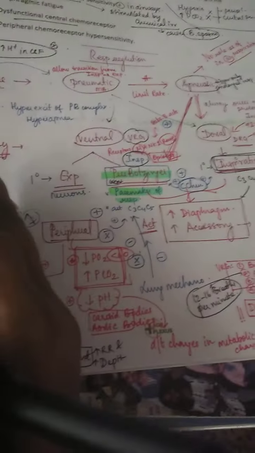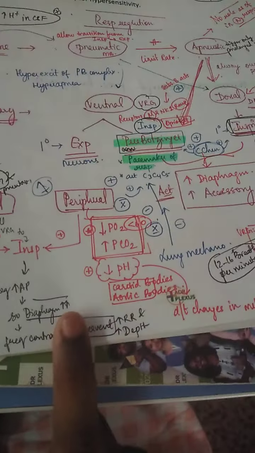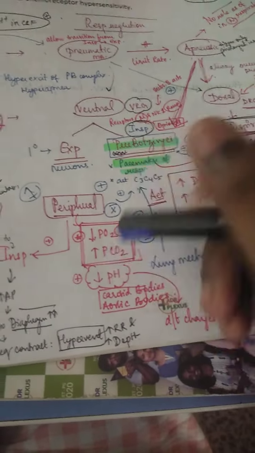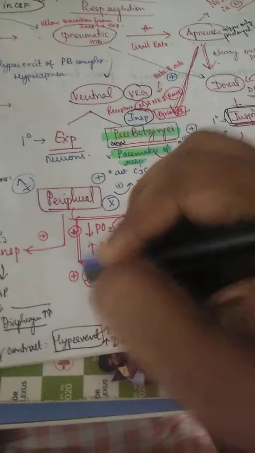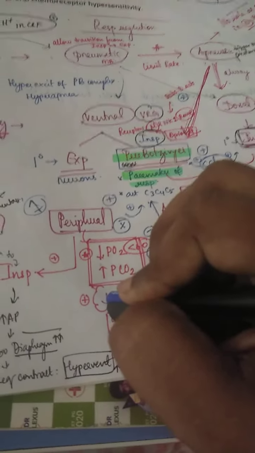The reverse happens in metabolic alkalosis. In metabolic alkalosis, the pH will be high and the PCO2 will be low. If the pH is high due to bases, everything will be opposite. The potassium channel will get activated, so all the potassium will go out.